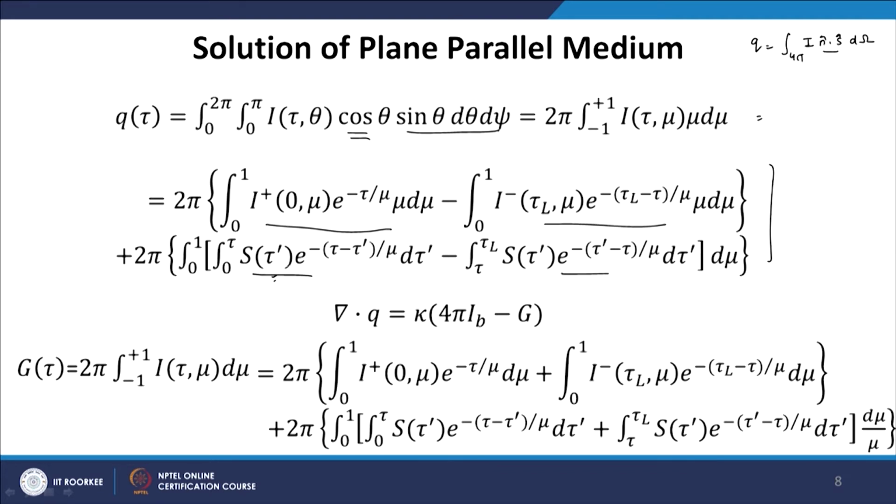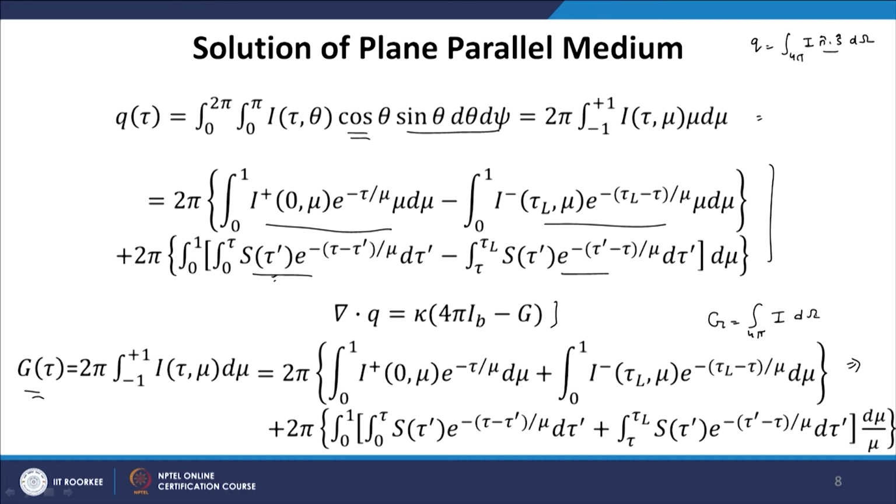Similarly, the incident radiation G(τ) can be calculated, and we know that we have to find the value of G before we can solve for the divergence of heat flux, ∇·q, because the expression for ∇·q is simply equal to κ times (4π I_b − G), and the expression of G can be derived in a similar fashion. We define G as the intensity I integrated over solid angles, I dΩ.